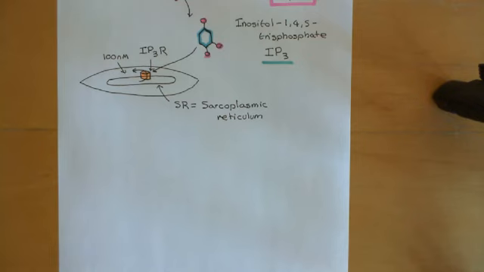That's going to lead to the release of calcium into the cytoplasm, which contributes to a global calcium rise, and then you initiate contraction by calcium binding to calmodulin. The calcium-calmodulin complex activates the myosin light chain kinase, which then phosphorylates the regulatory myosin light chain, leading to the initiation of the contraction of the smooth muscle cell.